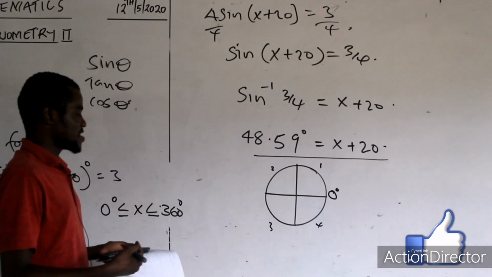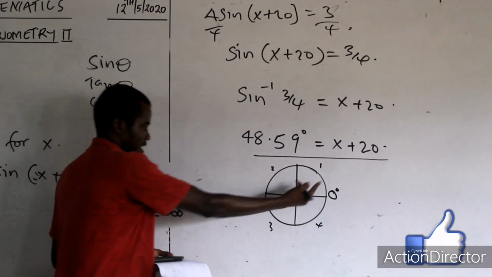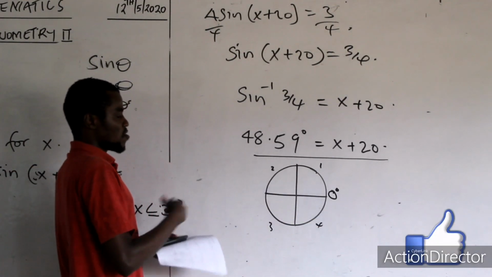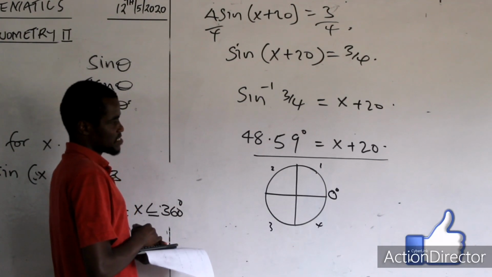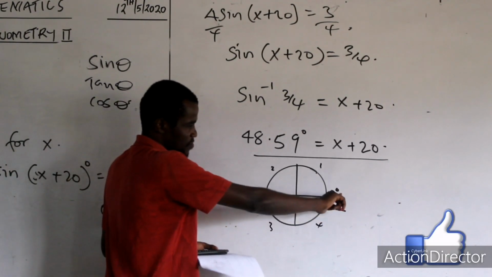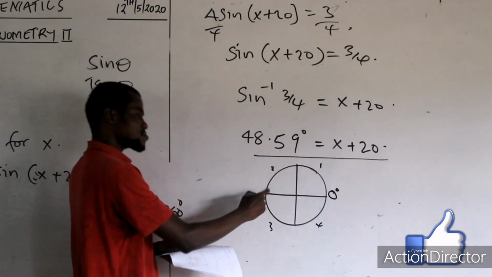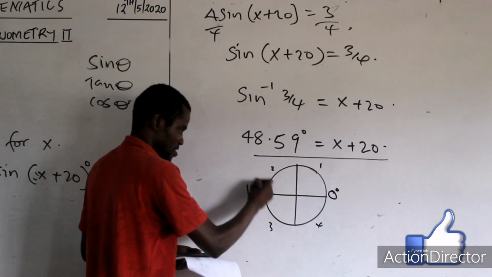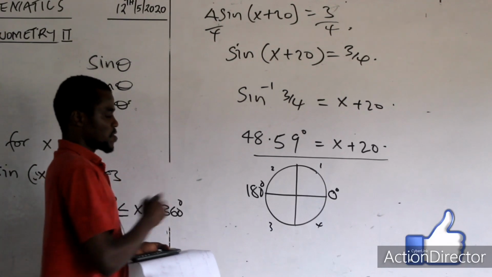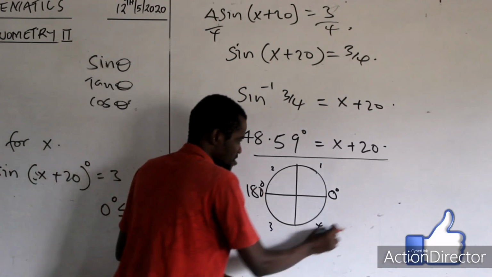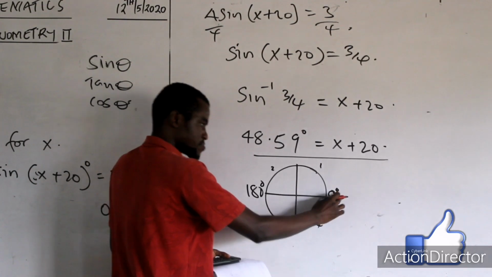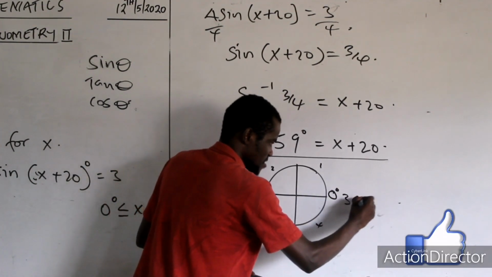So let's fill the whole circle, or give the finer details about the circle. When we have 0 degrees, up to this point is giving us 180 degrees. Then for me to complete the rotation up to where I began, I shall have covered 360 degrees.